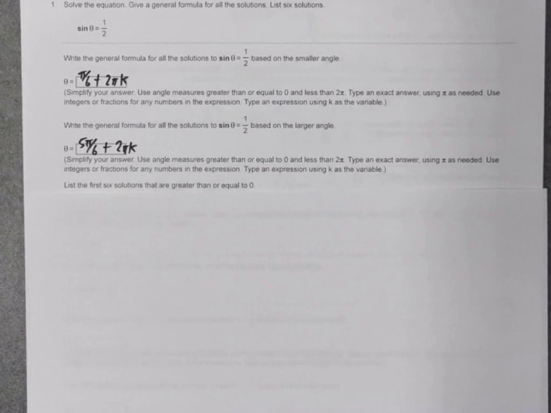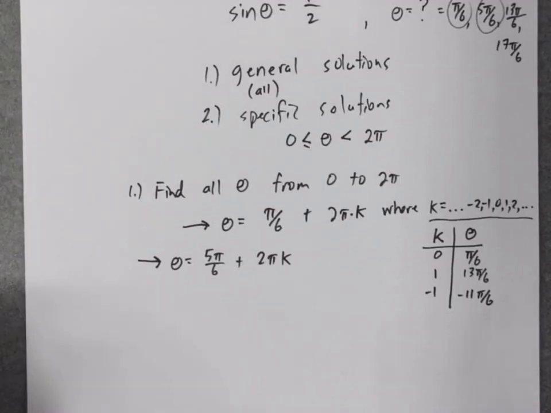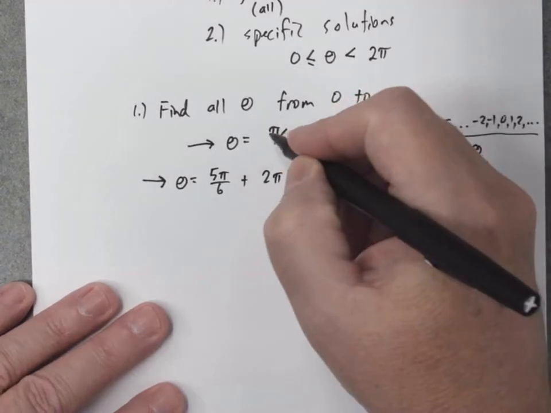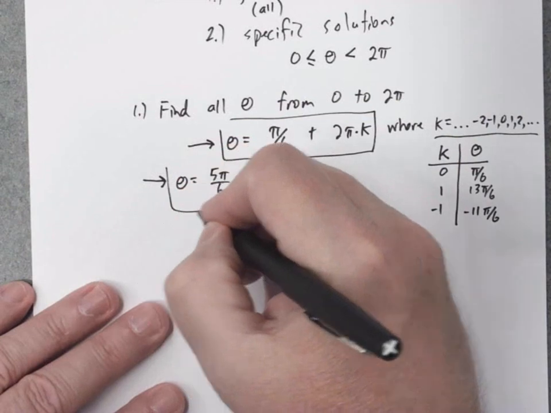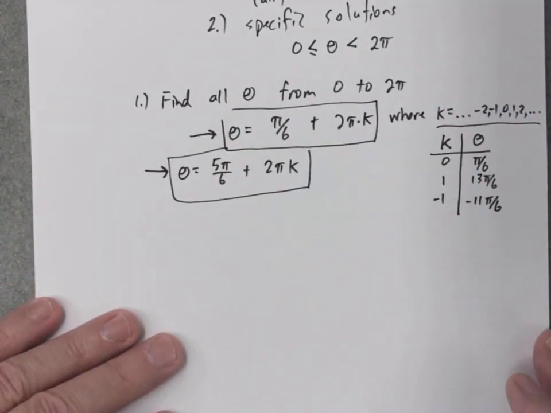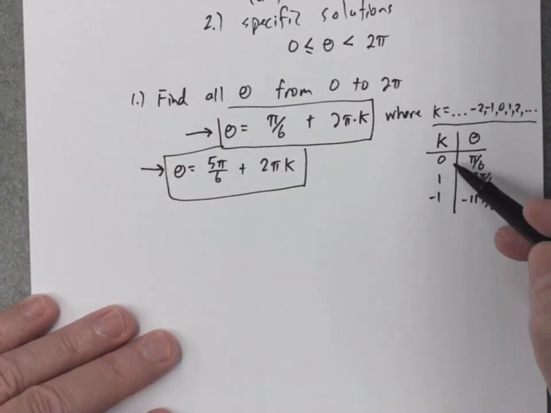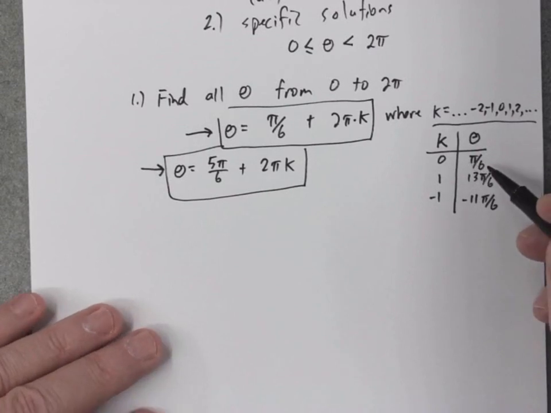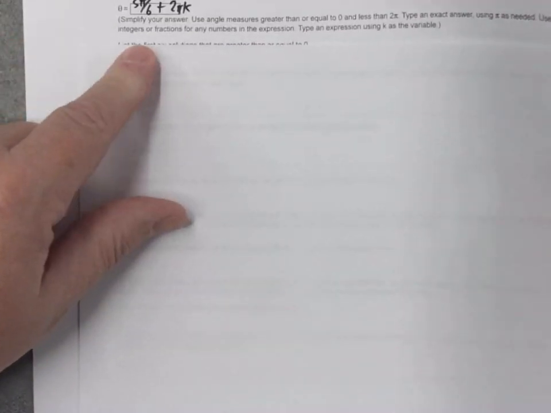You want to go ahead, and I will show you what I did a minute ago. So here are my 2 general solutions. Now, since they want the first 6 solutions, I started it here. Let me go and finish it. Now, by first 6, and they actually say here, let's read the instructions so you see what the answer.